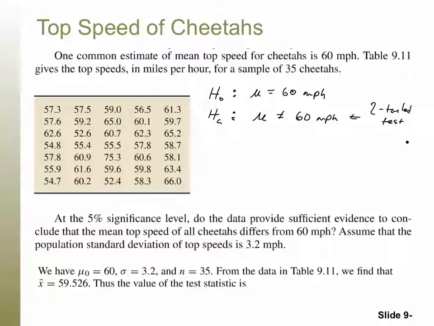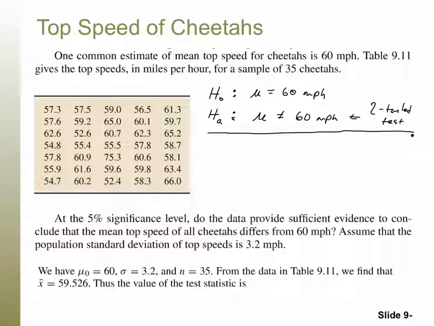Okay, so what question are we asking here with this test? What are the two potential outcomes of this test and what do they mean? Okay, Heather. One of them is that the average is greater than 60 miles per hour, and so that means cheetahs are faster on average.